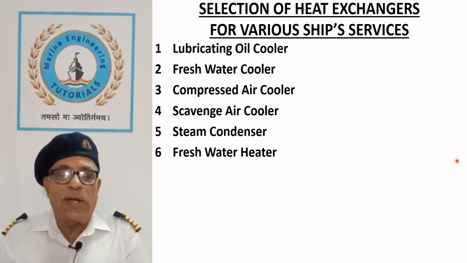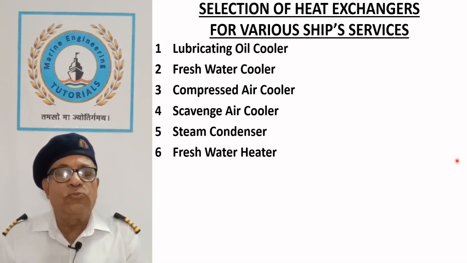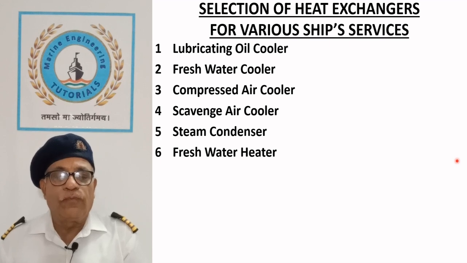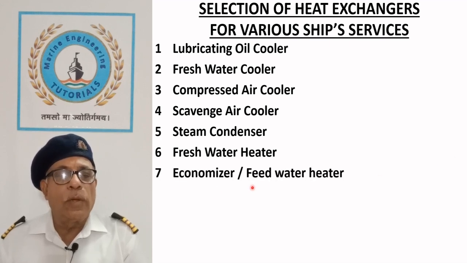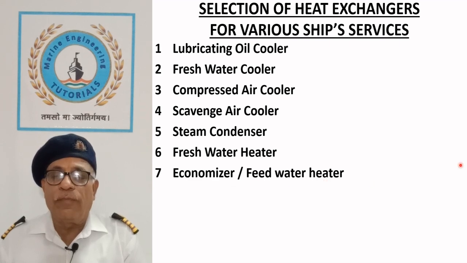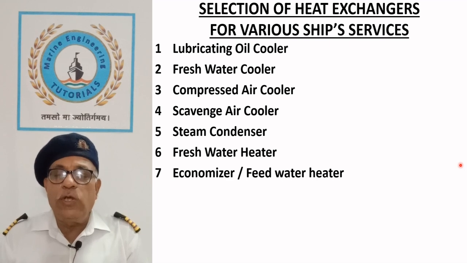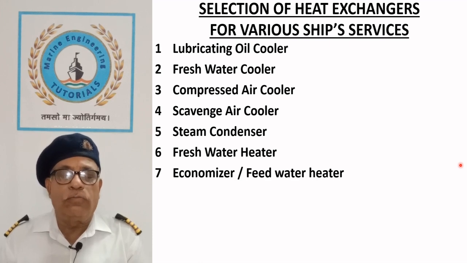Both are of shell and tube type heaters in which water passes through the shell and steam through the tubes. Economizers or feedwater heater. Economizers or feedwater heaters are usually of the plain or gill tube type across which the flue gases flow.